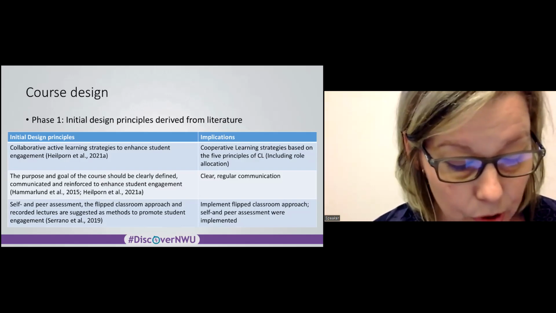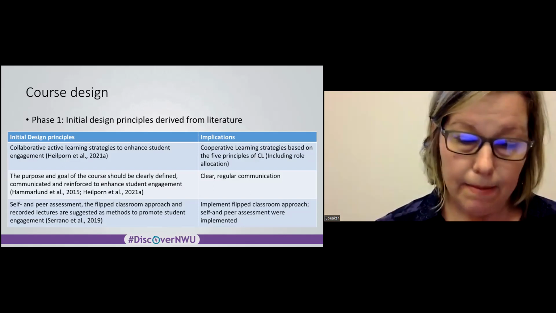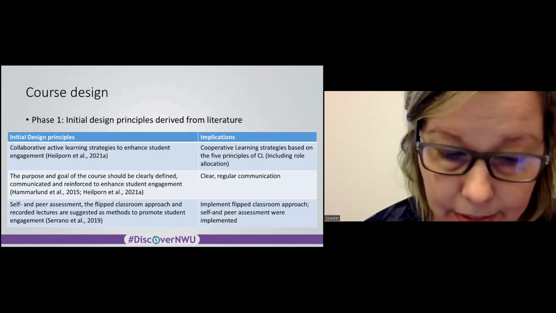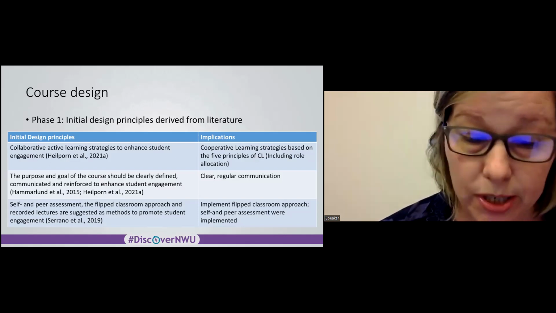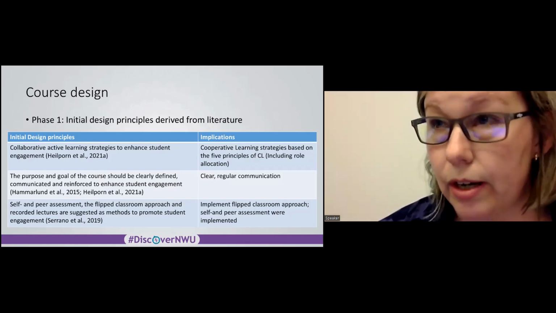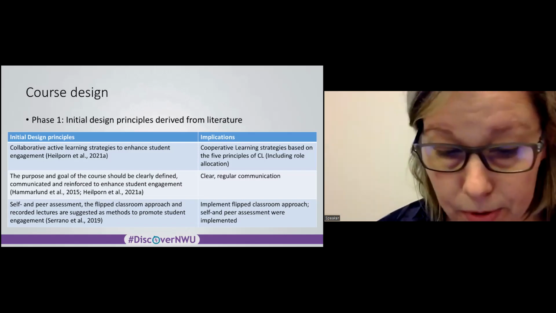So the initial design of the course was based on the principles derived from literature. These are the ones specifically that we highlighted in the course with the purpose of promoting active engagement, ensuring collaboration in the form of cooperative learning, and embedding those 5 principles of cooperative learning.